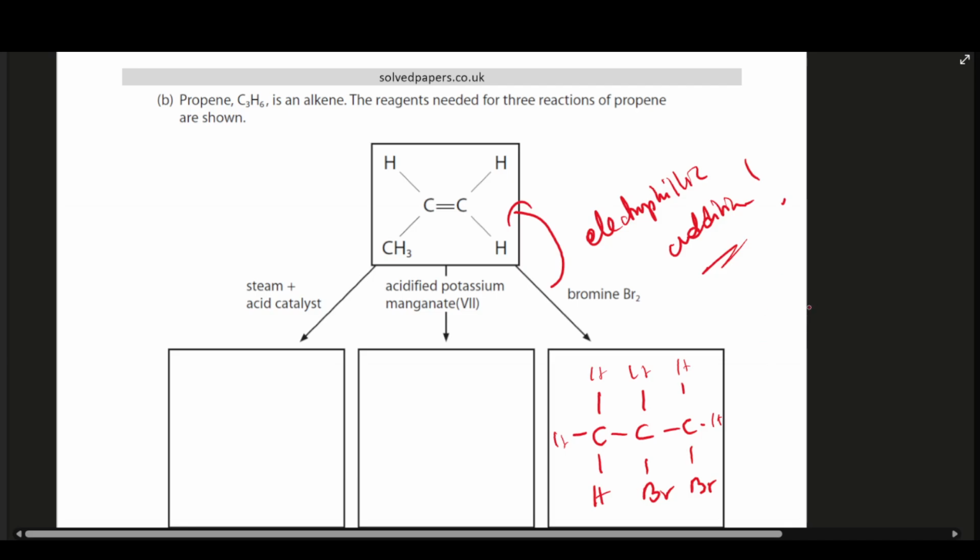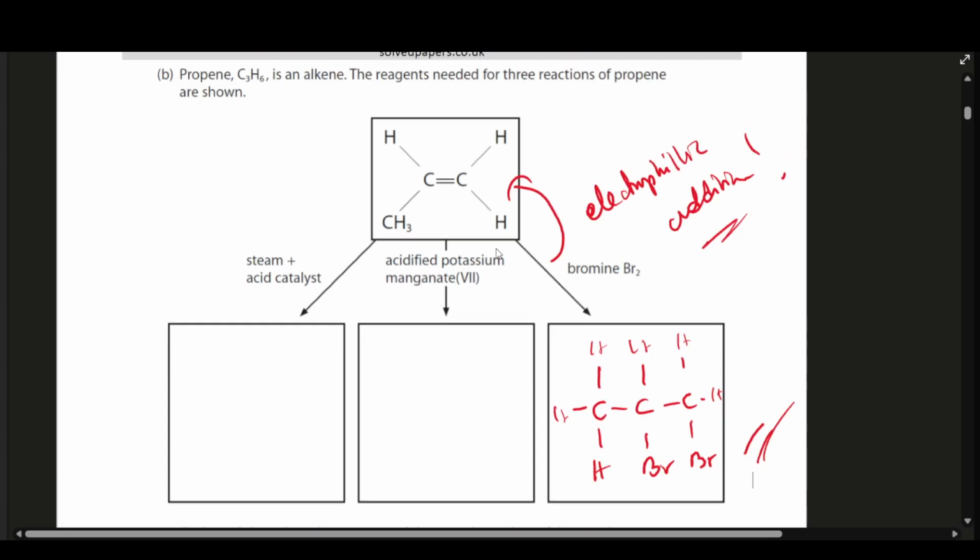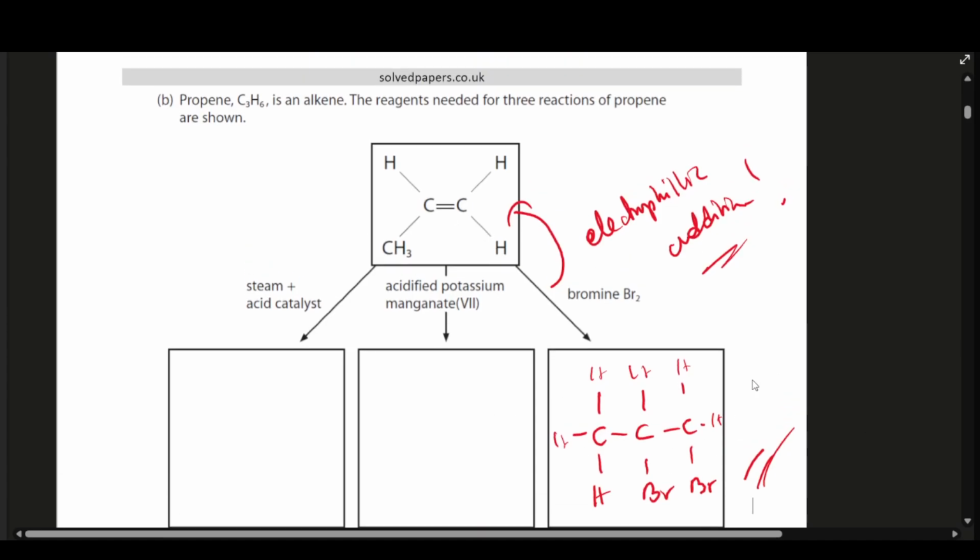So this is the answer for this one. Just an additive product. Since it's an addition reaction, nothing is substituted. You can also give the bromine on here as well if you want, no problem, but it means the same thing.